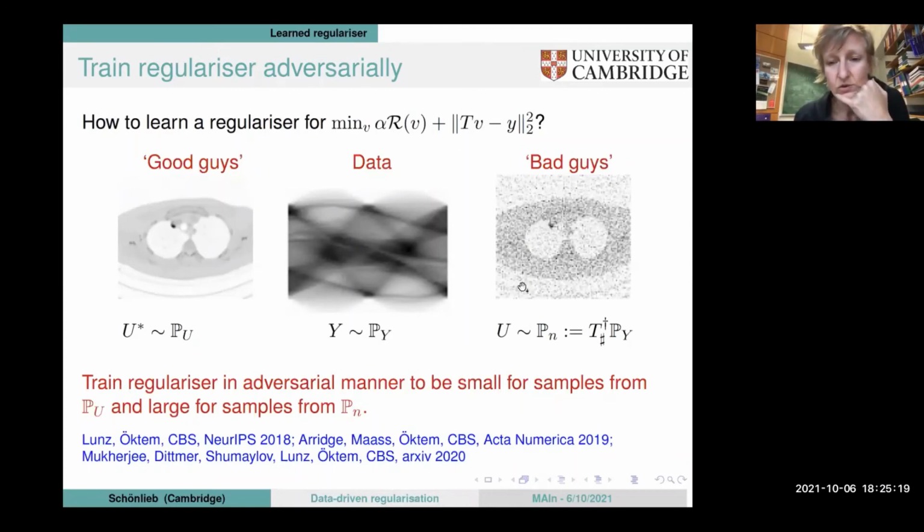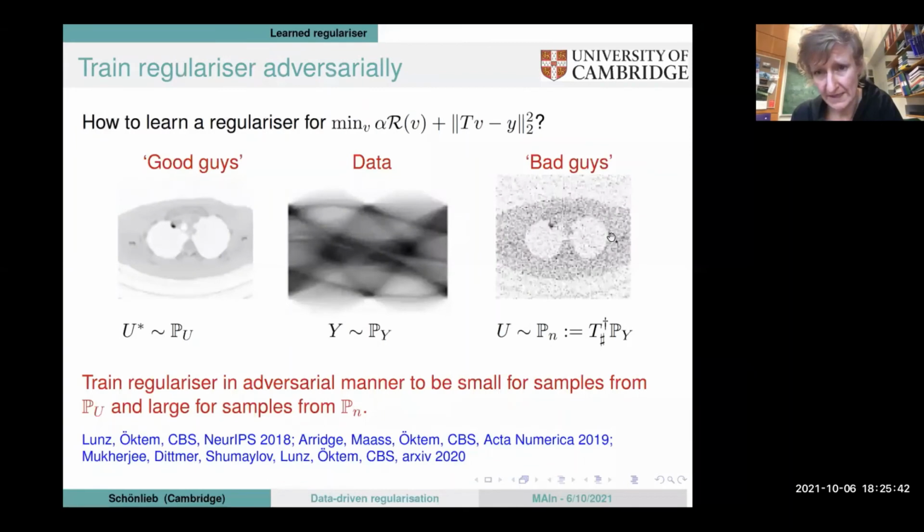And then you create another data set with the bad guys that show all the artifacts and noise that you see in reconstructions from the typical data that you want to solve your inverse problem for, so let's say sparse CT.